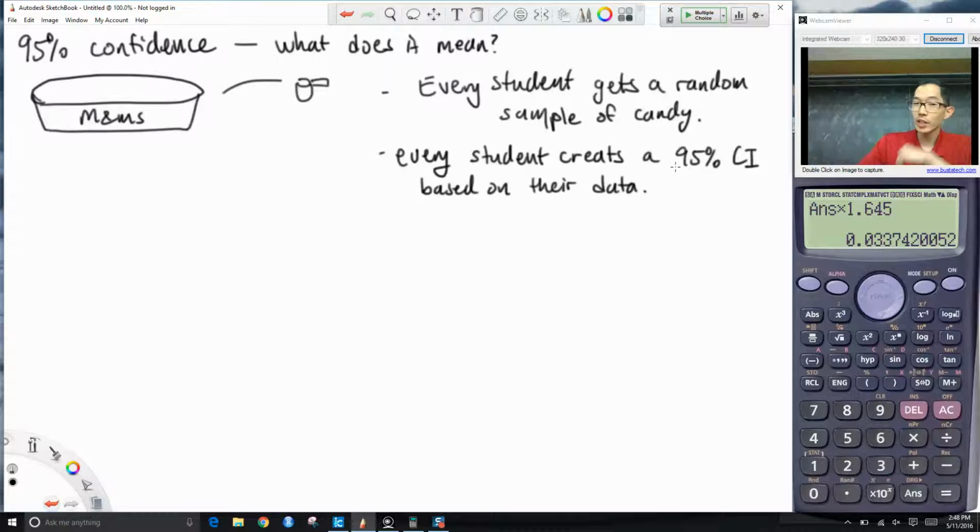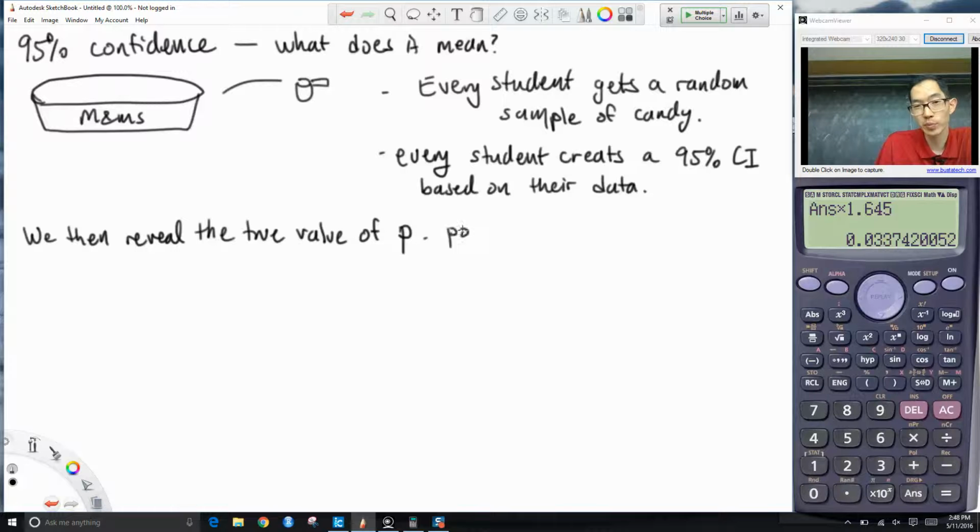We then reveal the true proportion of blue M&Ms, the true value of P, the population proportion. And then we ask, did your confidence interval capture the true value of P?